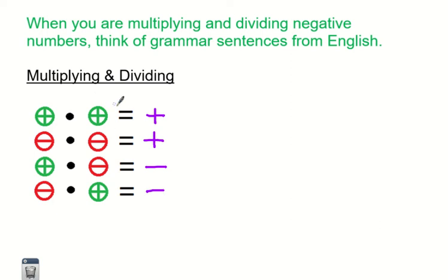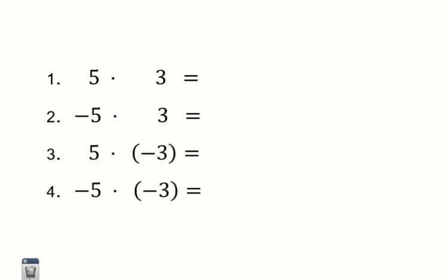So one way you can summarize this is that when you're multiplying and dividing two numbers and the signs match, your final answer is positive. And if the signs are different, your final answer is negative. Okay? Now, all these other examples, I hope you can do in your head. But, you know, there's always a calculator.